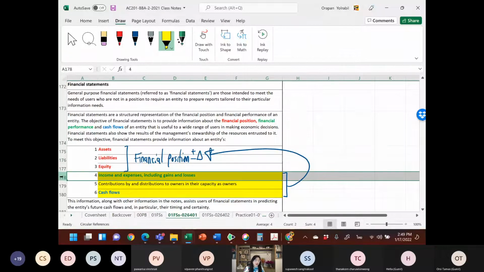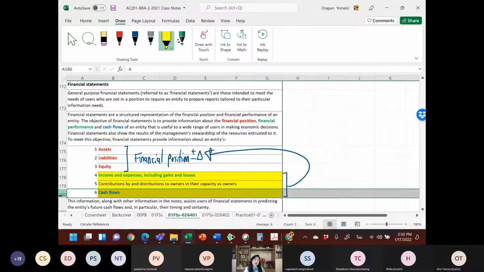So we have to look at the information on income and expenses of the company during that period, right? So financial performance would be represented by the profit figure. And when you read the financial statements, you should be able to say something about the cash flow position of the company, right? So cash flow is one of the information presented on the financial statements.